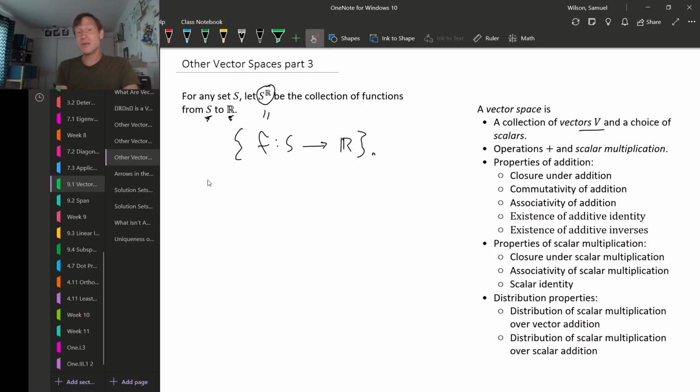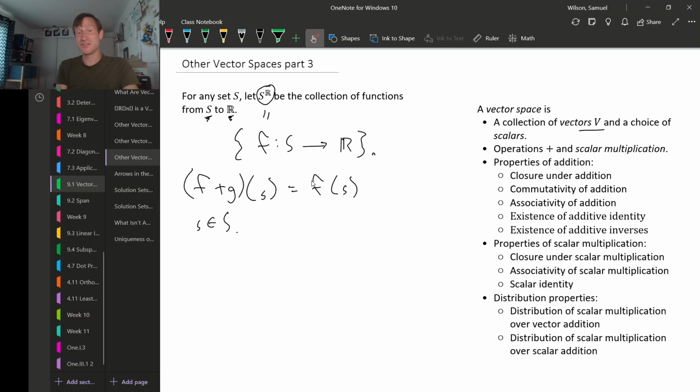So what we can do is decide what the sum of two things is. Well, the sum of two things, we're hoping it's a function from S to R. So to tell you what function it is, I have to tell you what happens if you evaluate it at any given little s in big S. Well, we can just add things pointwise.